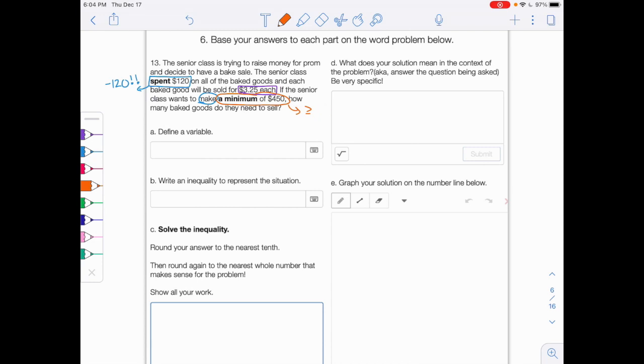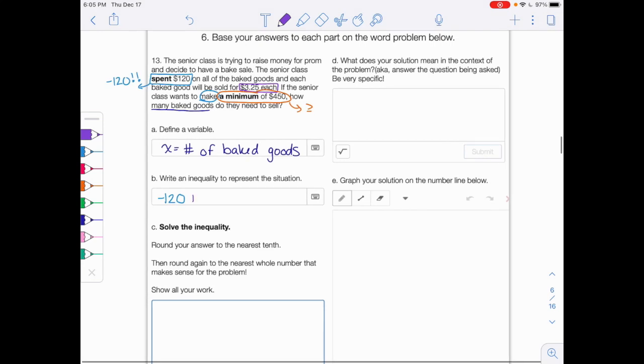So define our variable. Well, we're talking about how many baked goods, so we could use any variable. I'm going to use x equals number of baked goods. Write our inequality. So we've got our negative 120 because that's how much money is being spent. And then they're going to make, so they're going to add 3.25 for every baked good. And they want that to be greater than or equal to $450.